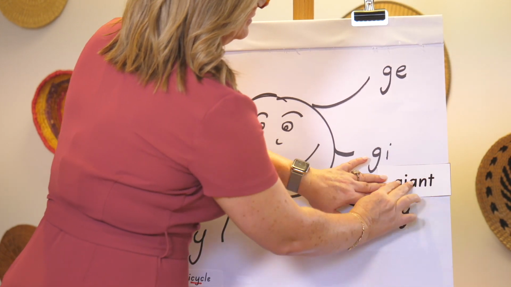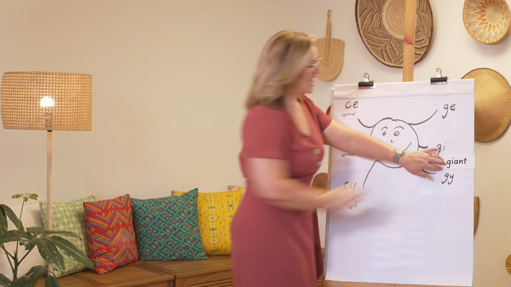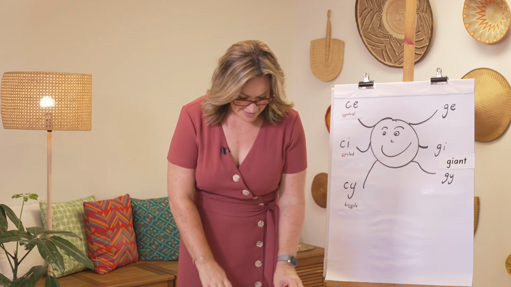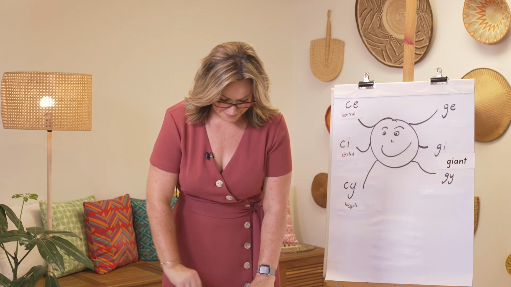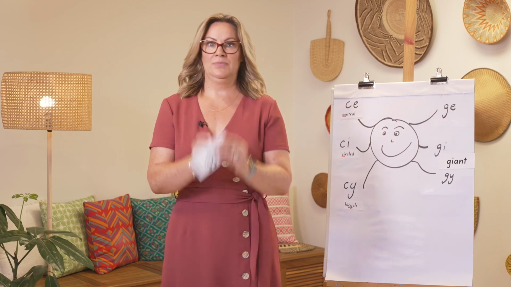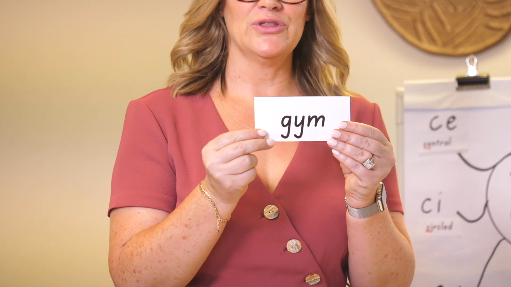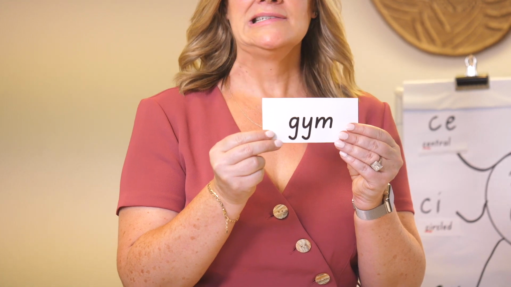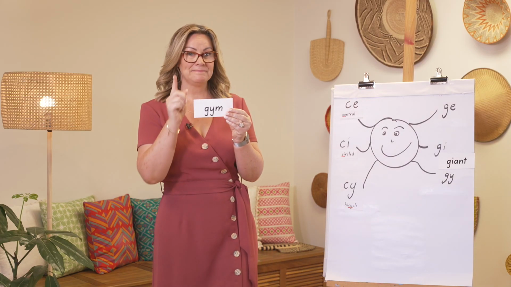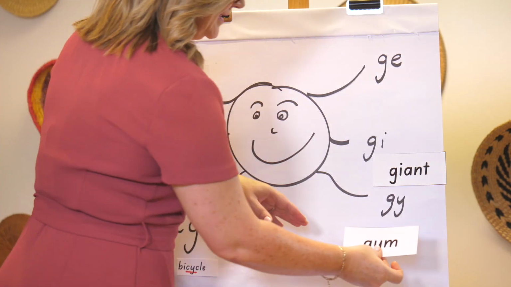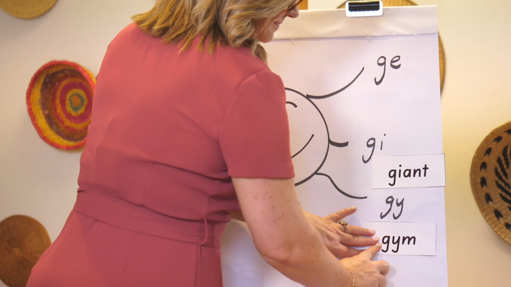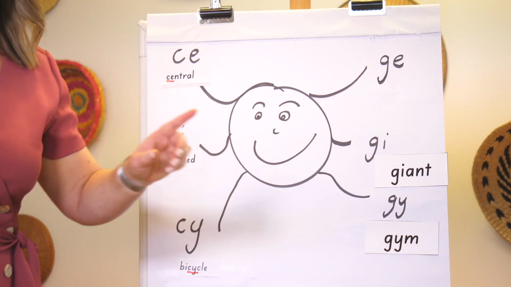Okay, what about this one? How about gym? The place you go, not the person. J or G? Gentle Cindy. Gentle Cindy's going to the gym. Excellent, we're hearing that soft.